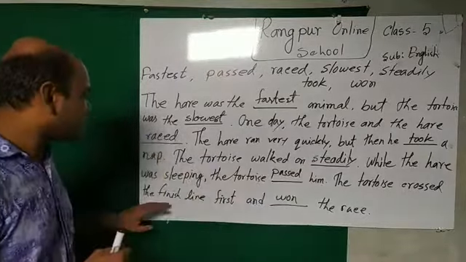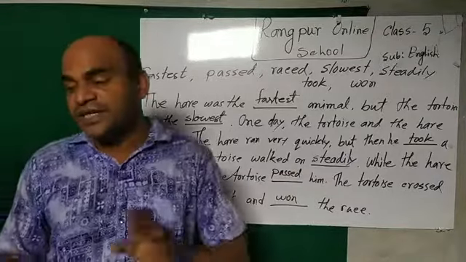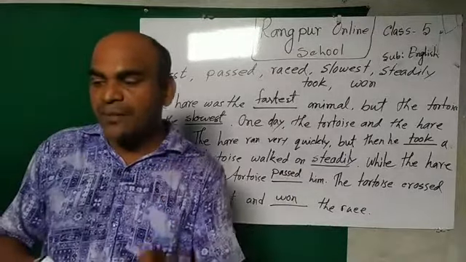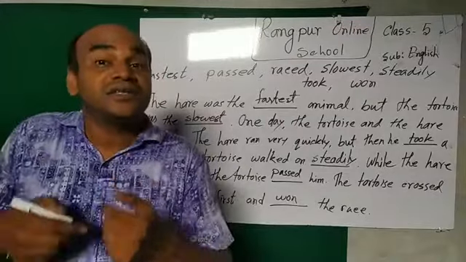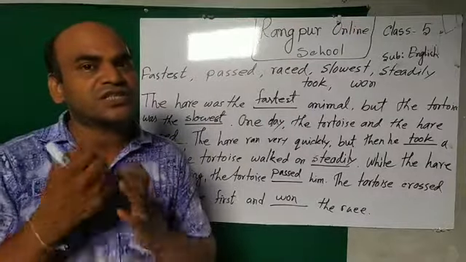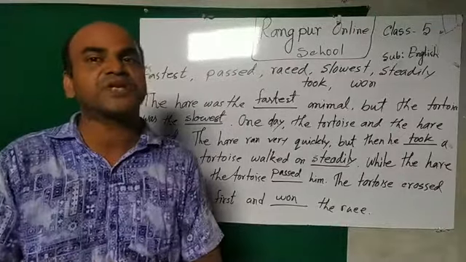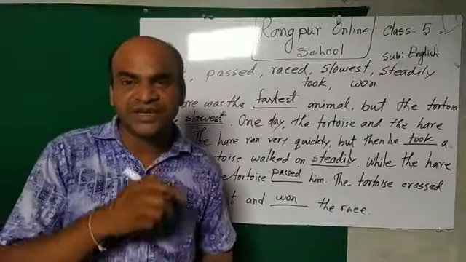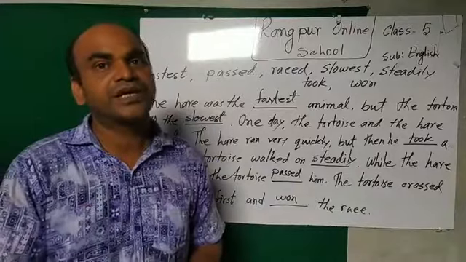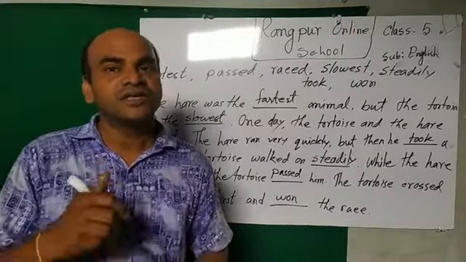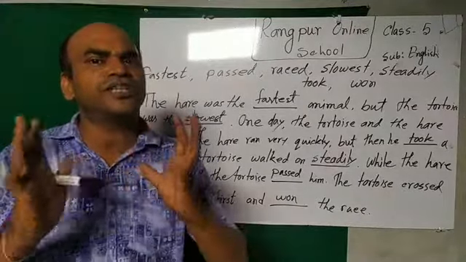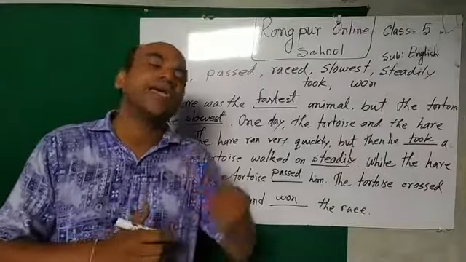The tortoise crossed the finish line fast and won the race. This is the summary of the story, a short description of the story. You can find out the full story in The Hare and the Tortoise.